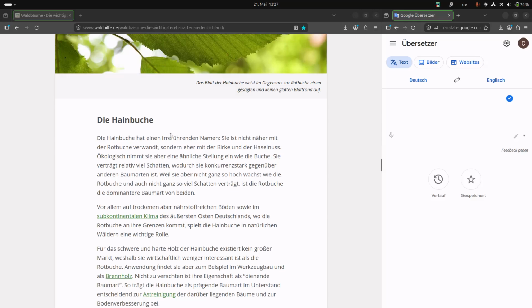Irre can also mean just wrong, somewhere wrong, you could say. Irreführen, so somewhere wrong leading, or you could say misleading. Maybe that would have just been easier to translate it this way, but irre is also a known word, so I think this was worth translating, even though you could have just said misleading. So, misleading name, Namen means just name. So the hornbeam has a misleading name.